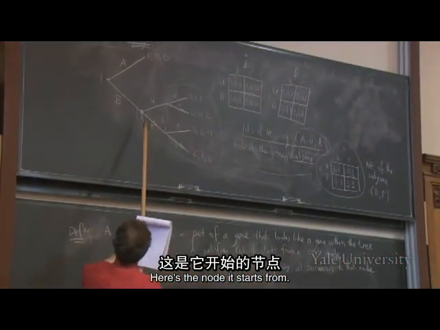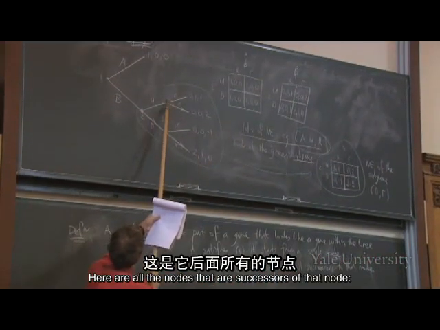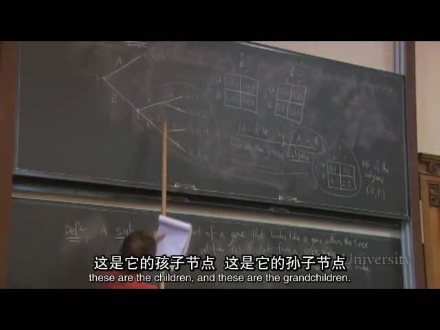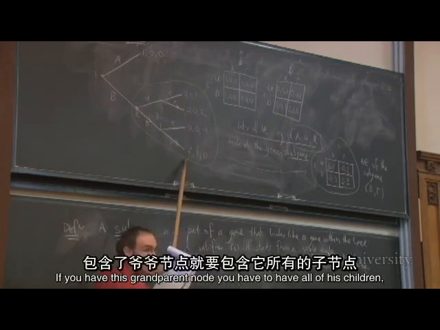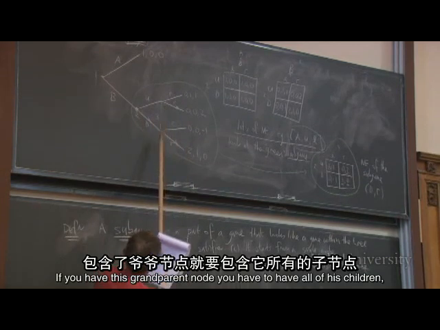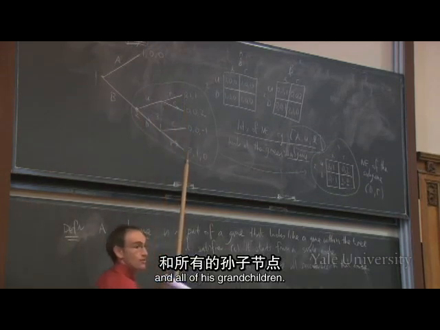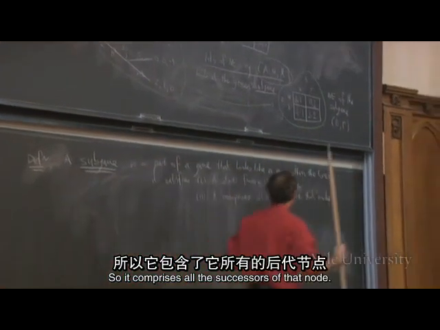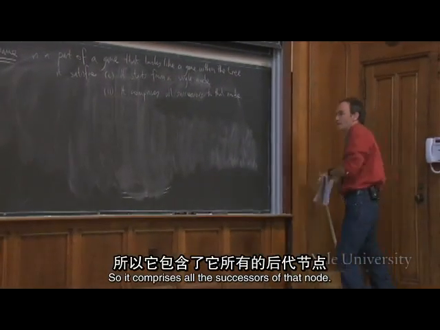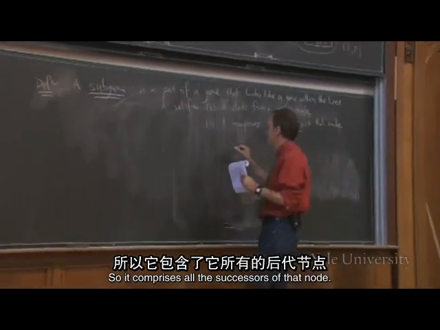Here's the node it starts from. Here are all the nodes that are successors of that node. These are the children, and these are the grandchildren. If you have this grandparent node, you have to have all of his children and all of his grandchildren. So it comprises all the successors of that node.